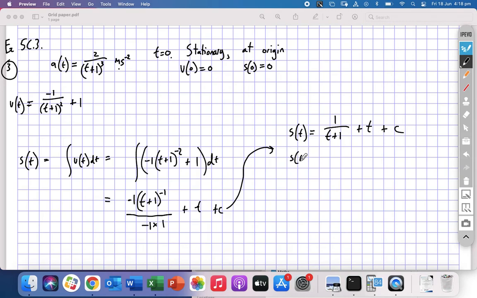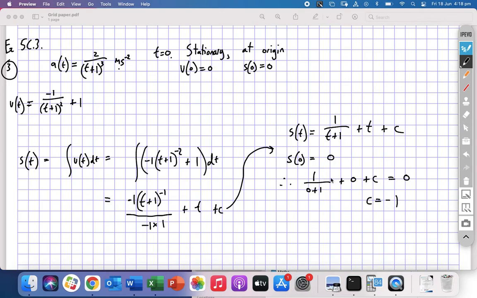We know that this object started at the origin. That means that at time 0, the displacement was 0. This has all got to be 0 when t is 0, so we could say 1 on 0 plus 1, which is just 1, plus 0, plus c has to equal 0. So we're left with c equaling minus 1.